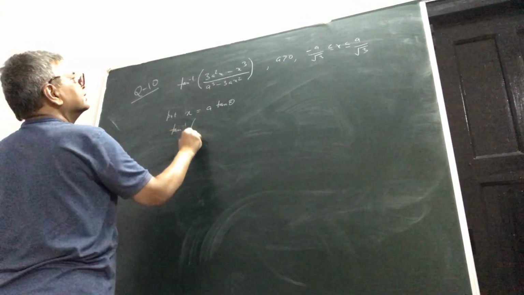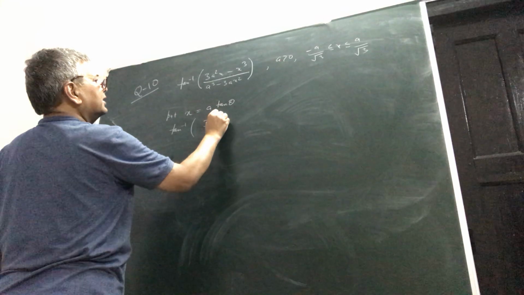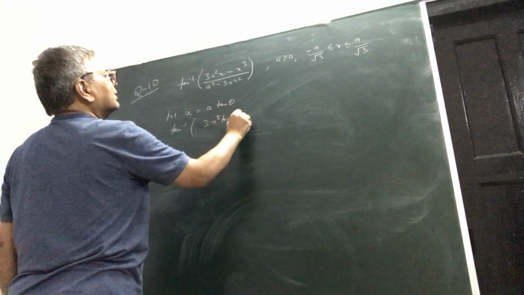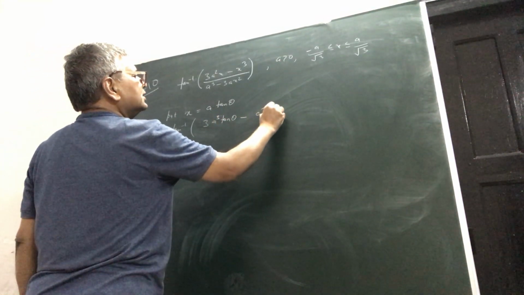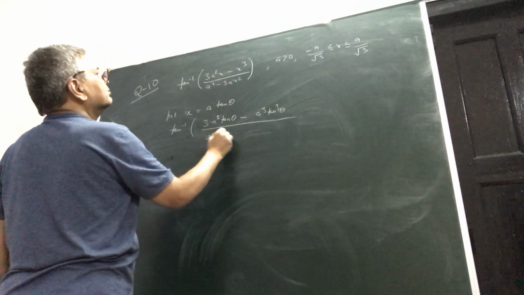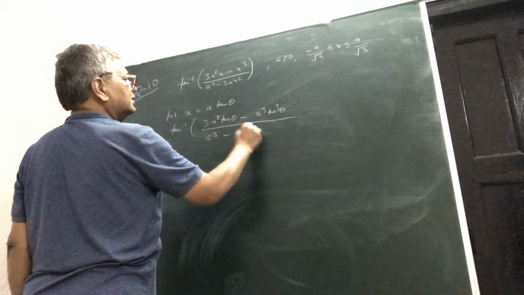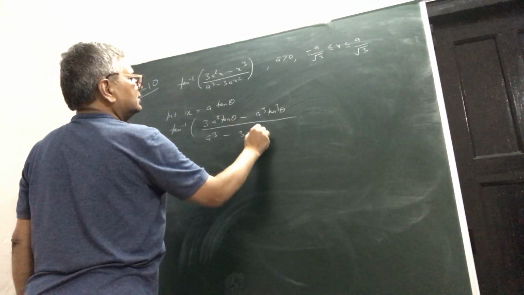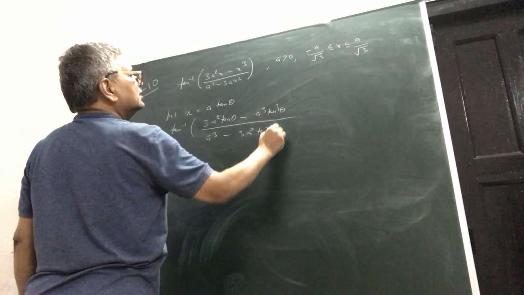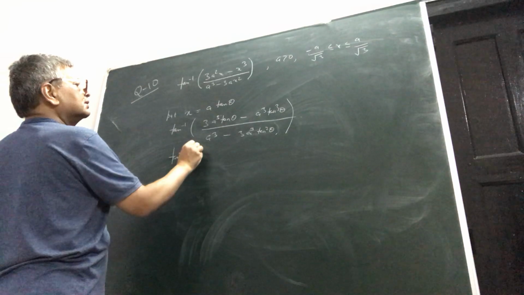It is tan inverse of (3a² · a tan theta − a³ tan³ theta) upon (a³ − 3a · a² tan² theta). So a square into a is a cube, and x square is a² tan² theta.